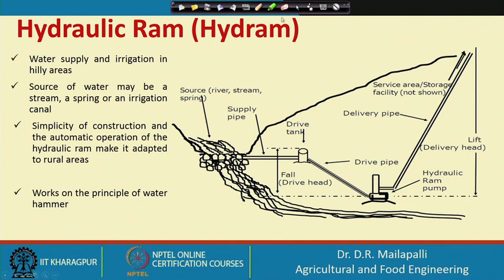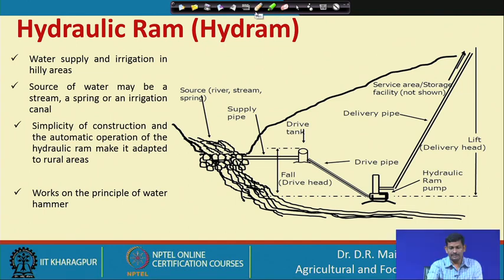So, how to use that mechanism for lifting water, you can see here. These kinds of pumps are used in hilly areas where you do not require any electricity, lifting water from low heights to high heights. That is the advantage of this pump, it does not require electricity.